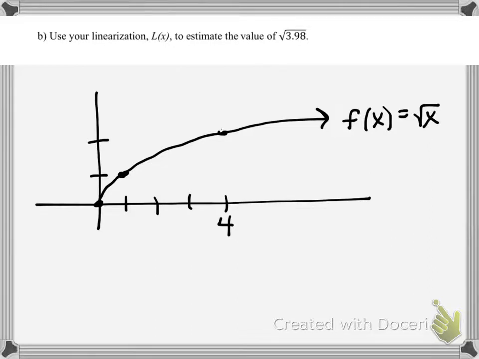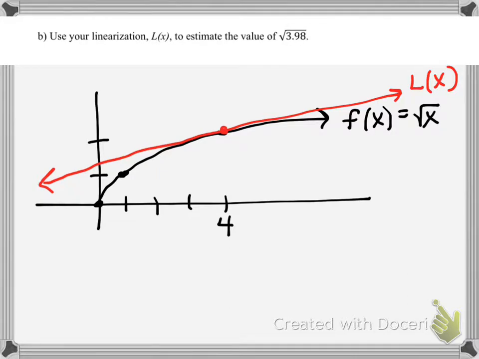And then we went ahead and wrote the equation for the tangent line. Thank you for pretending that this line is straight for me. So my tangent line here at the point (4, 2) is this red line. Now let's use our graph to determine whether or not our estimate for the square root of 3.98 is an over or an underestimate.